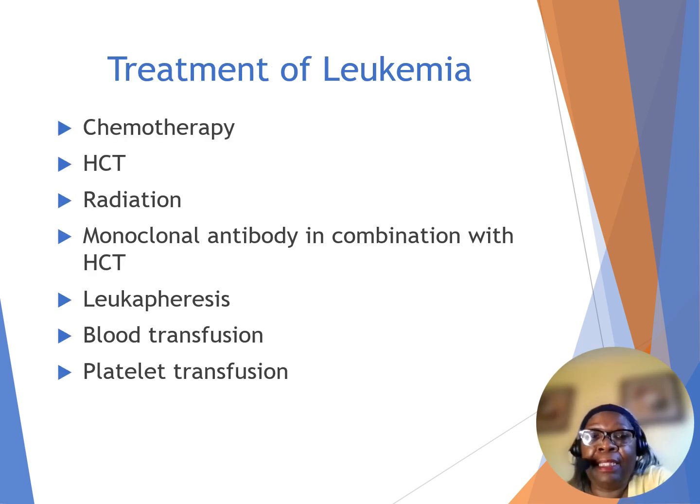The treatment again is chemotherapy, HCT, we mentioned that earlier, but the main goal here is slowing down the growth of these malignant blood cells. These are cancer cells, and you know cancer cells replicate quick. So you want to slow that growth down. Maintain a normal level of RBCs, hemoglobin, and platelets, because these are necessary to stop bleeding, to carry oxygen and nutrients to the body.